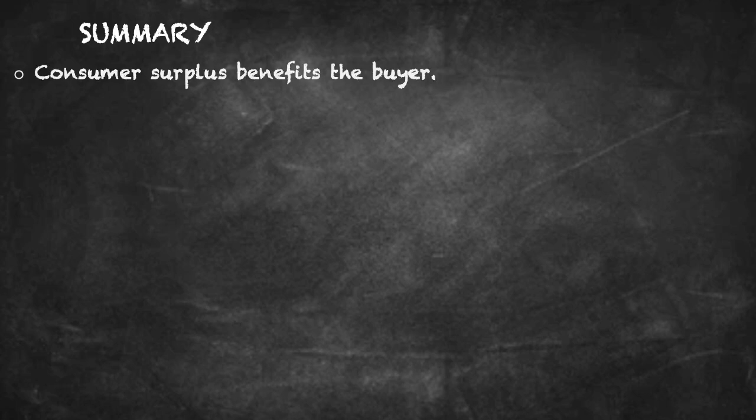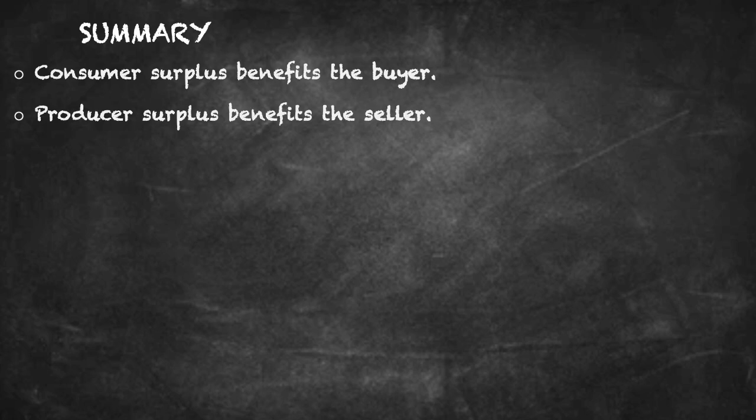So let's sum up the major points of the lesson. When we're considering consumer surplus, that is when the consumer saves money, or the buyer saves money, because what they expect to pay for a product is a lot more than what they actually paid. So the consumer ends up saving money and it makes them happy.